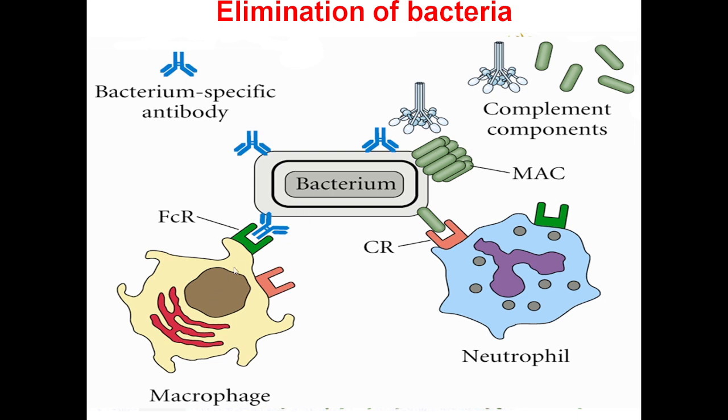What do you see? You see that an antibody that labels the surface of bacteria attracts macrophage and enhances the phagocytotic capacity of macrophage. Neutrophil also is attracted to the bacterium via recognizing the complement molecule absorbed to this bacterium.